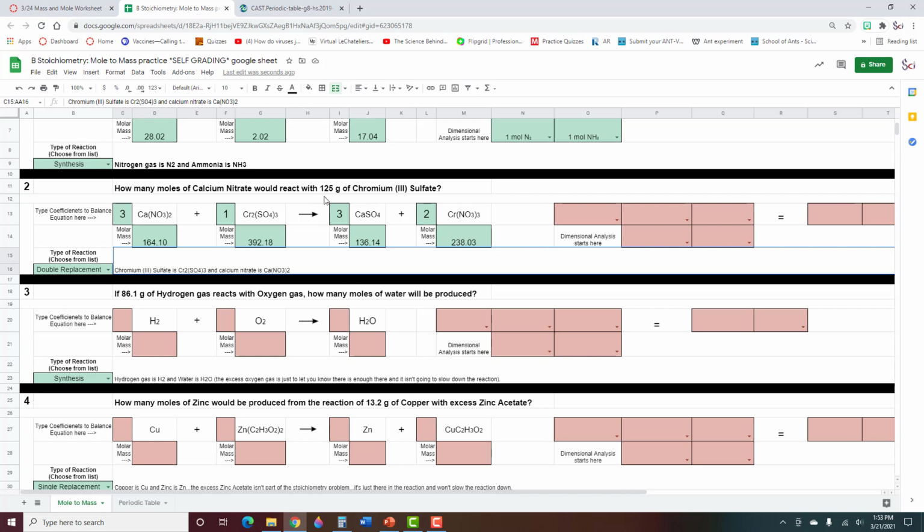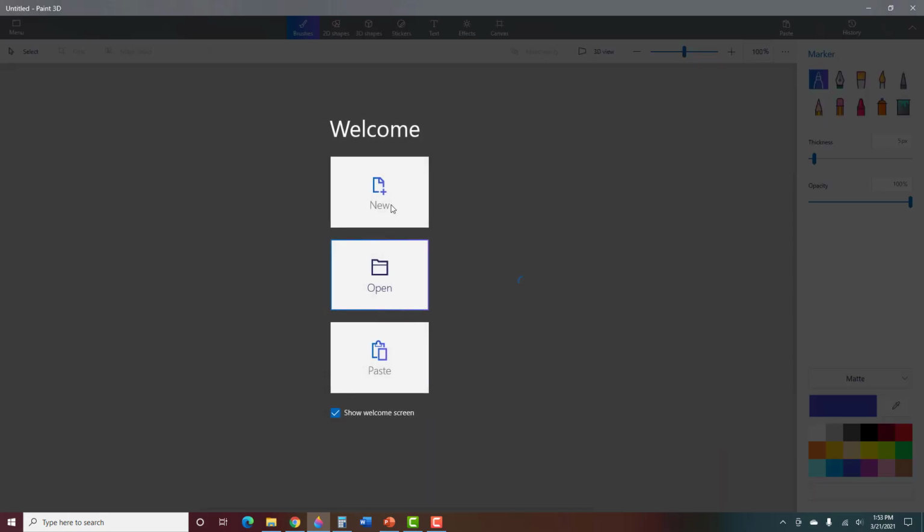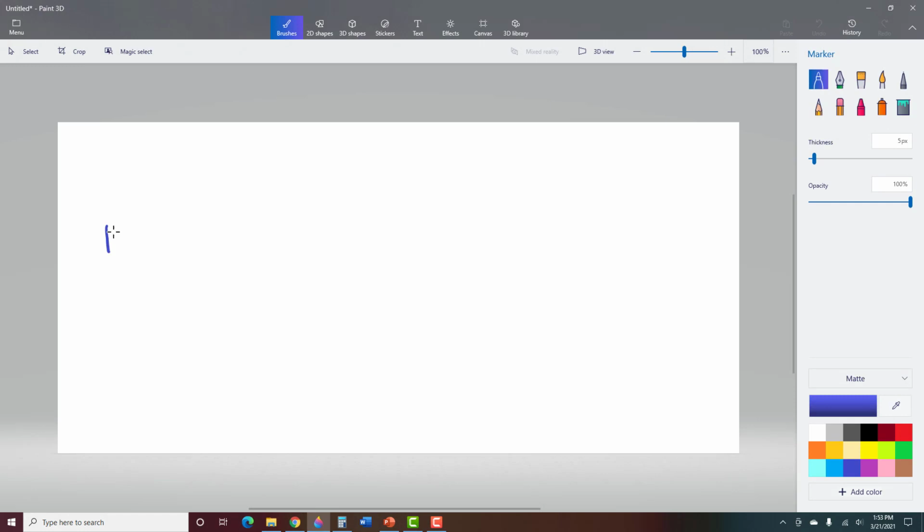So now let's do the actual problem. 125 grams of chromium 3 sulfate, which is this one, the Cr2(SO4)3. So let's write that out, 125 grams of Cr2(SO4)3, first division bar.